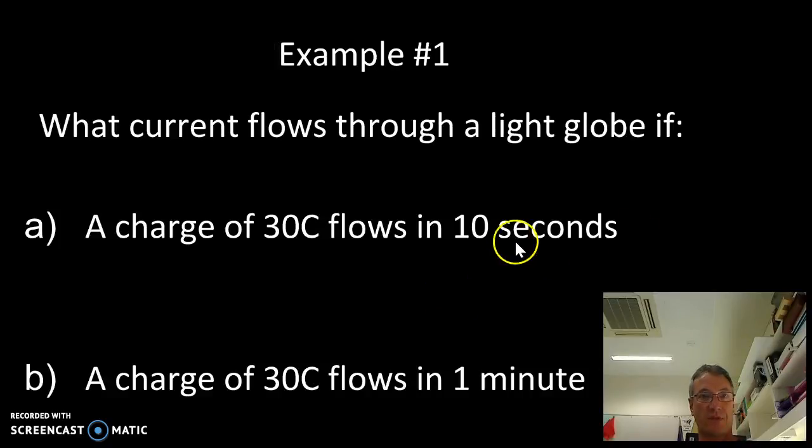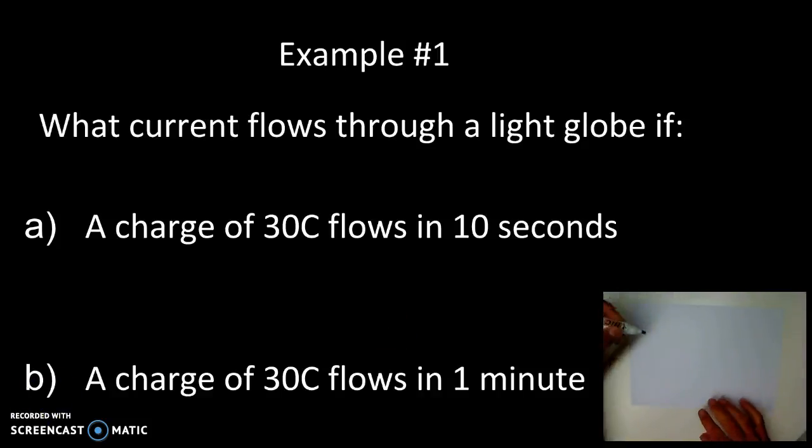So here's our first example. What current flows through a light globe if a charge of 30 coulombs flows in 10 seconds? And what would be the current if a charge of 30 coulombs flows in 1 minute? The first thing we need to do is write down what we've been given.